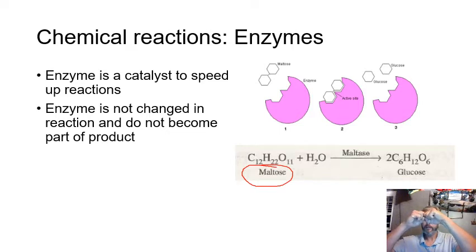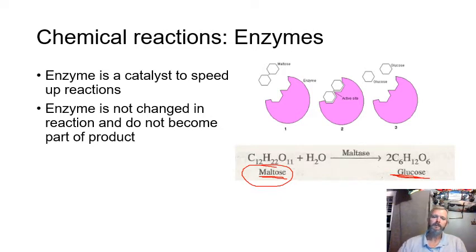Your digestive system cannot absorb maltose. It has to be broken down into two individual glucose molecules. Glucose can be absorbed in the digestive tract, maltose cannot.